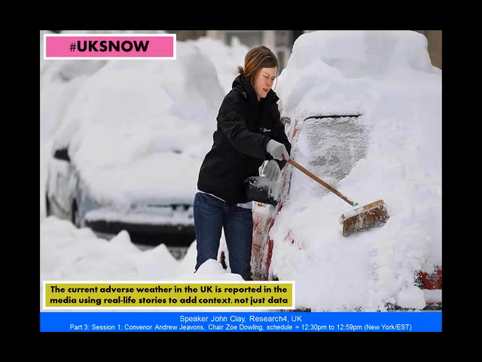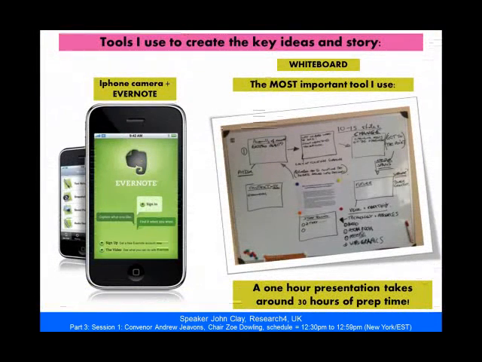This information is given a context by stories about real people: the midwives taken to work in a tractor, the construction workers who had to rescue a group of swans who became trapped in ice. It's these sorts of stories that add real context and that emotional hook into the data that make it more memorable.